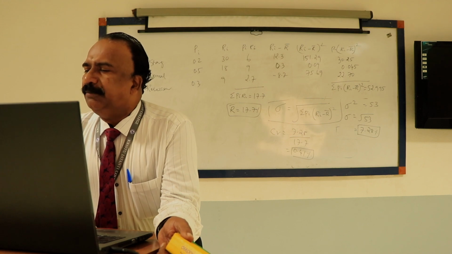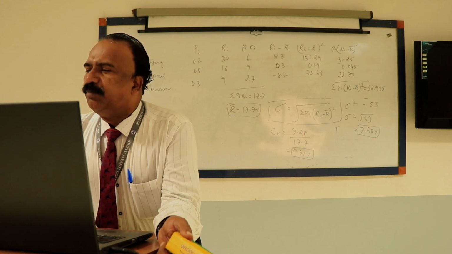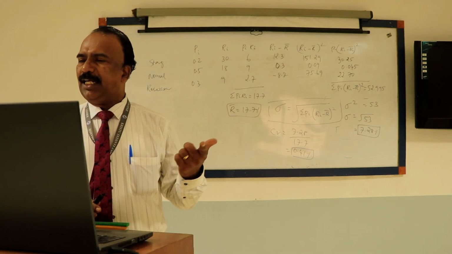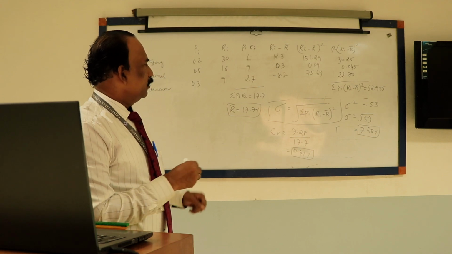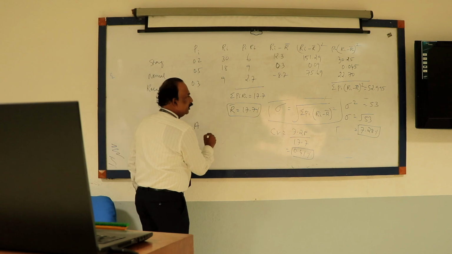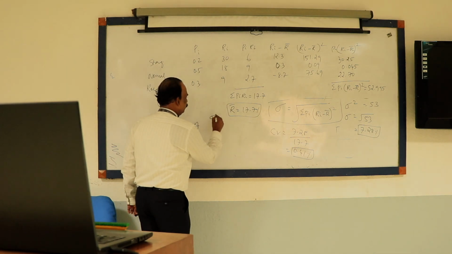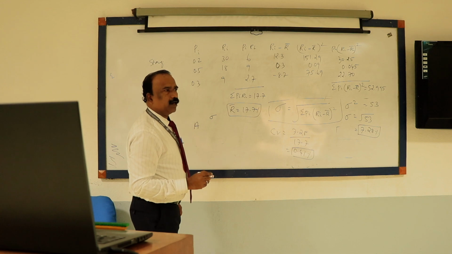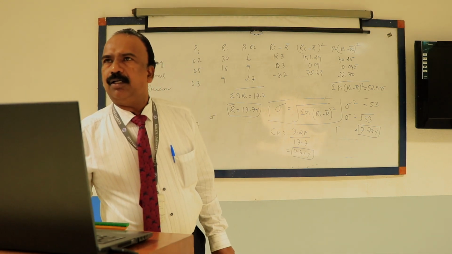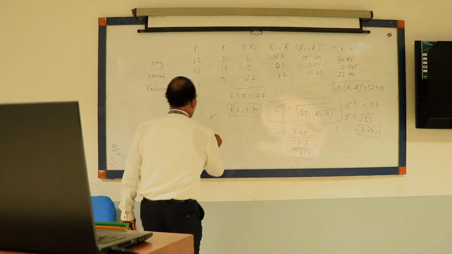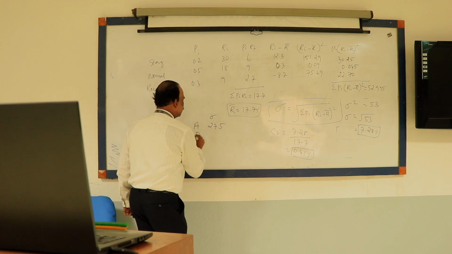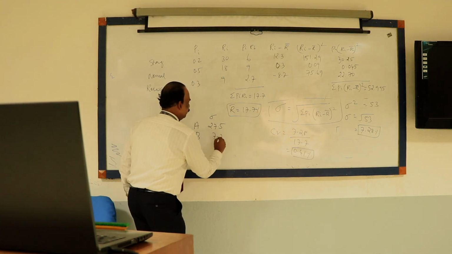Now you can compare with the previous calculation. In the previous calculation, for stock A, the standard deviation was 27.5, and for stock B we have now calculated 7.28.